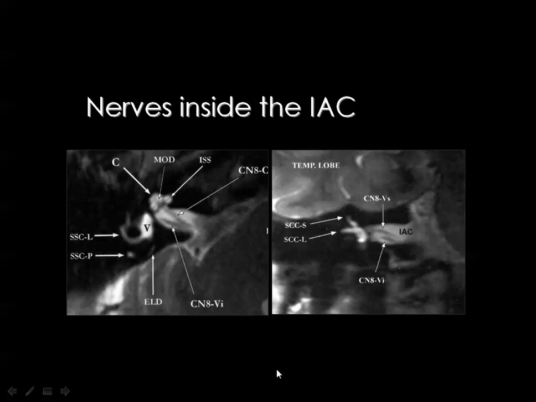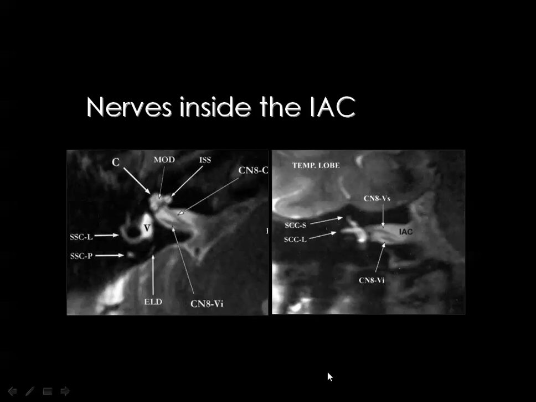In order to see the nerves inside the internal auditory canal, you should have an MR examination. Then you see that the nerves are present inside the canal, but you cannot discriminate between most of them.